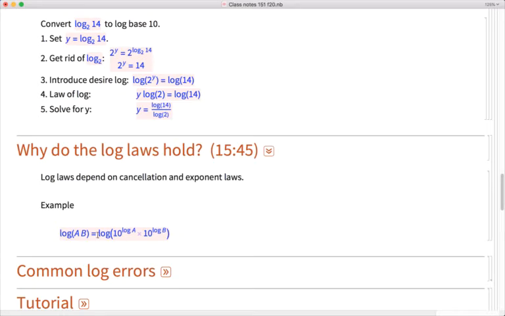Okay, so we start with log of a times b, and this is the cancellation law. Like, okay, it seems crazy. Well, why are you doing this? I don't know, but a is equal to 10 to the log a. That's cancellation. And the b is equal to 10 to the log b.